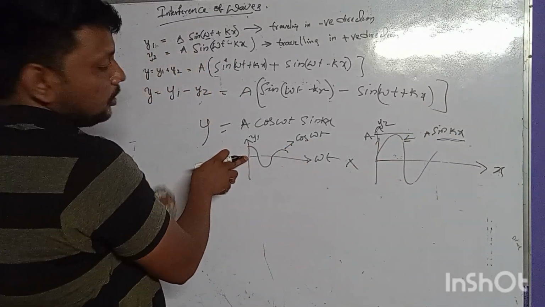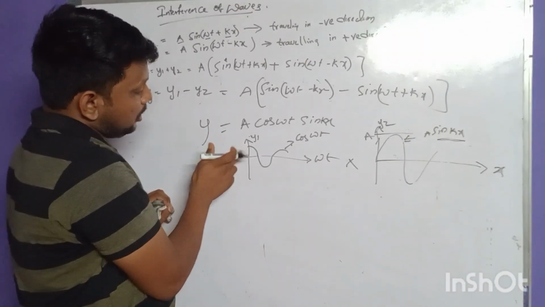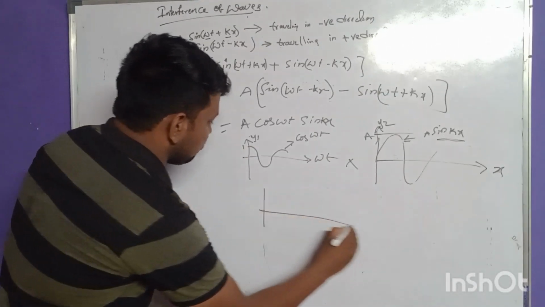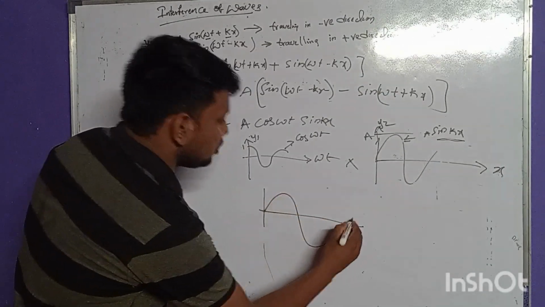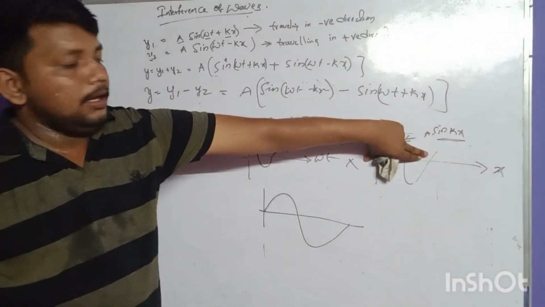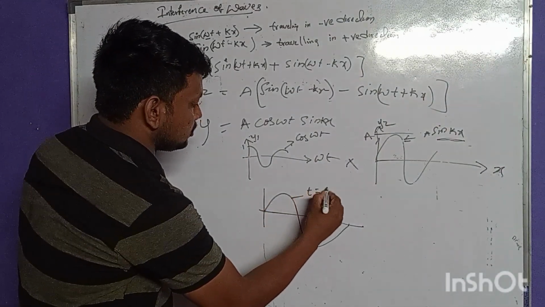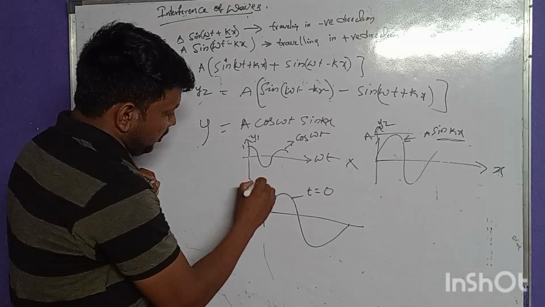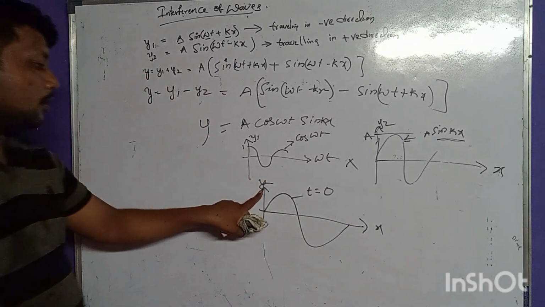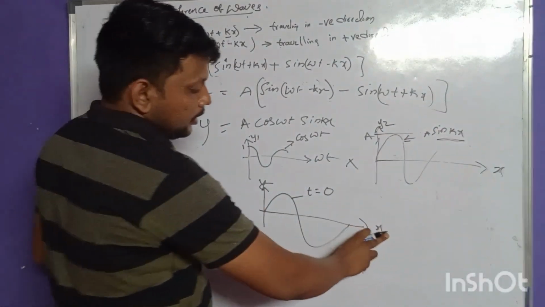At t is equal to 0, this is the maximum, cos is 1. At t is equal to 0, this is the wave 1 into sin. I am drawing the position-distance graph.